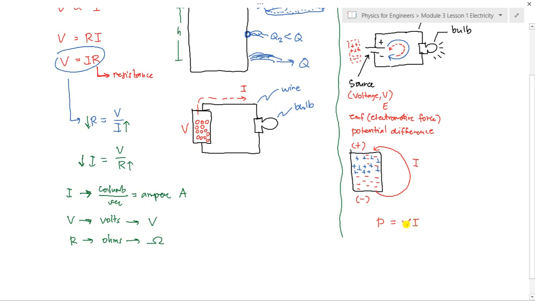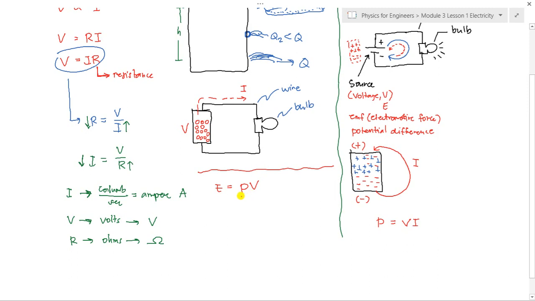As I have told you, the water in the tank is analogous to our electrical circuit. If you remember from our discussion in module 2, the work of the fluid is equal to its pressure times the volume flow rate.